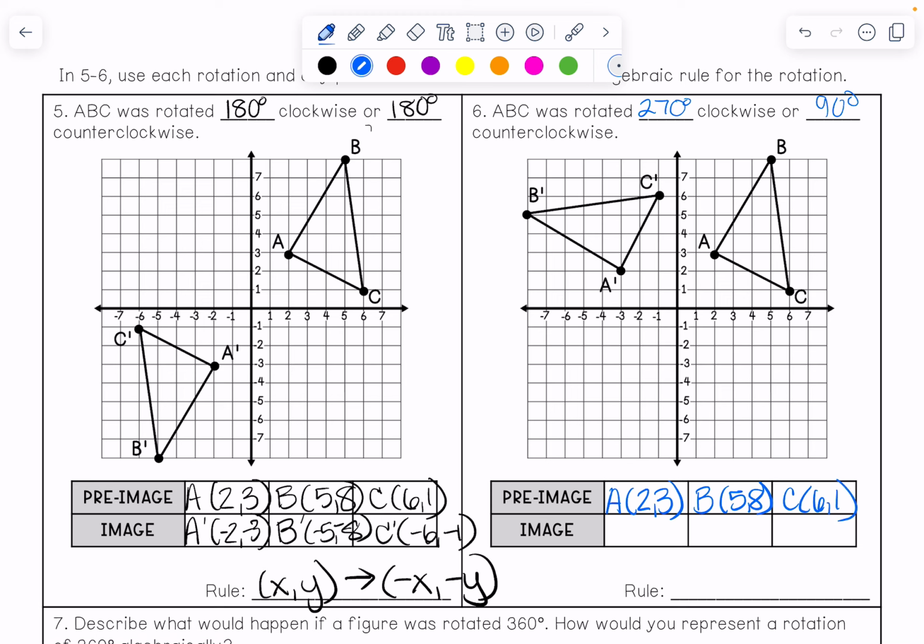And then those image points: A prime is at -3, 2, B prime is -8, 5, and C prime is at -1, 6. And so again, it's kind of like our X and our Y flipped, but what was originally our Y value became the opposite in the image. So our XY ordered pair becomes the opposite of Y, X.